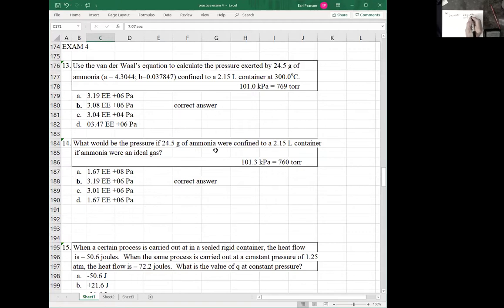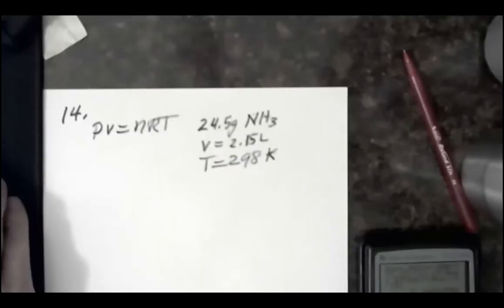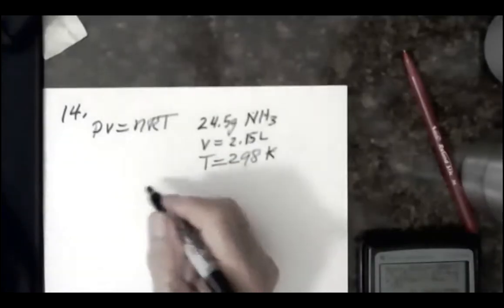I need to know the temperature of the gas. So I'm going to assume maybe it was 298. Let's try that. Temperature 298 Kelvin would be 25 degrees C. But I think I can't do that problem without that data. So let's fix this. Okay.